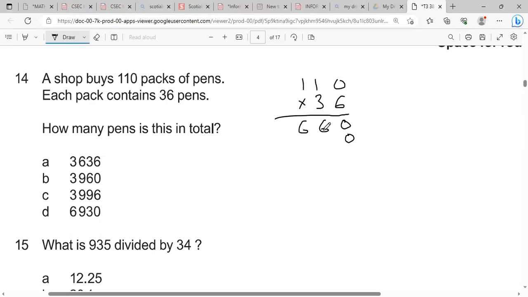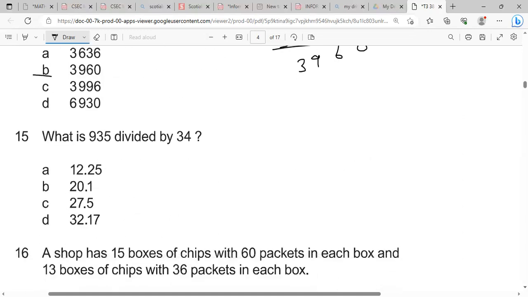Multiplying by 30, so we'll put our little space holder. 3 times 6 is 18, 3 times 1 is 3, and 3. Again, you notice how I align them? Numbers under the numbers, right? So it's B, 3960.